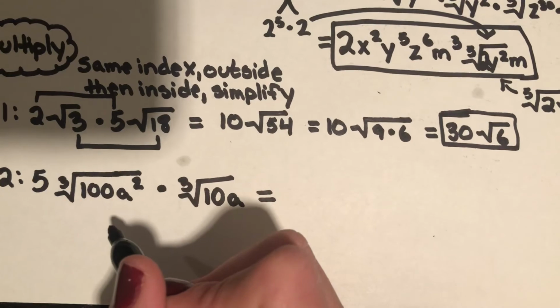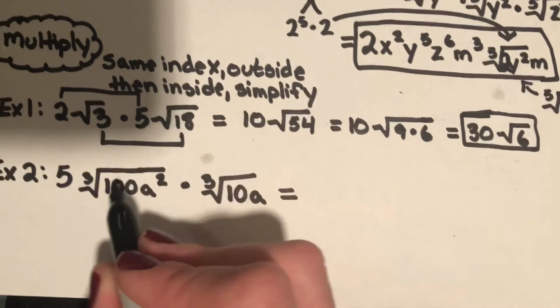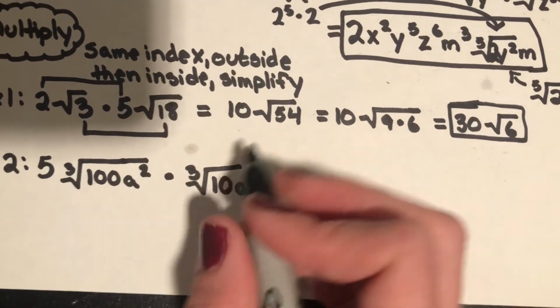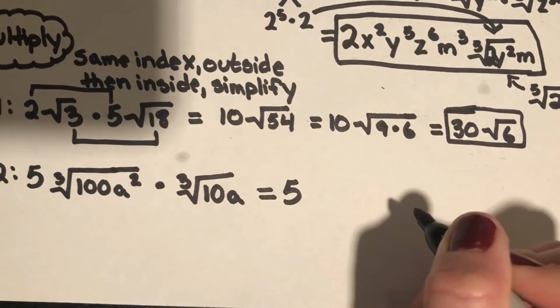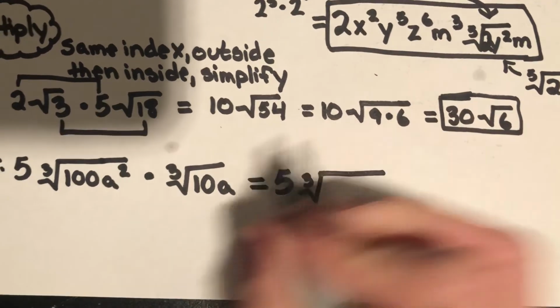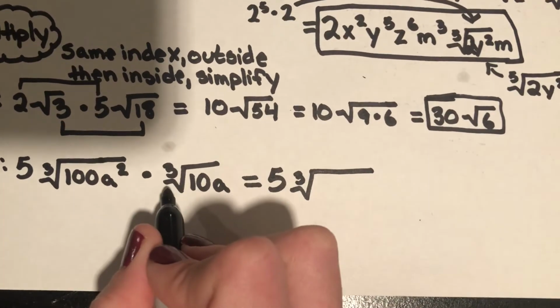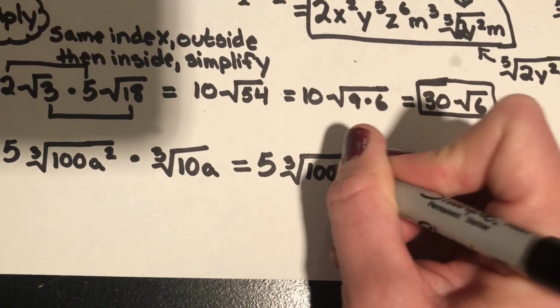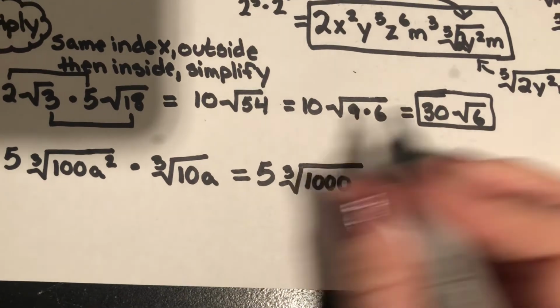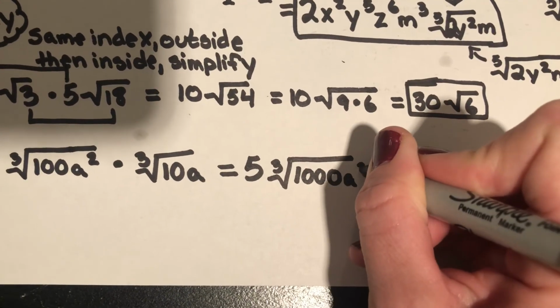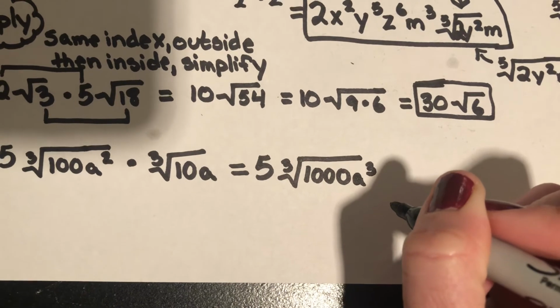So the nth root is the same. They have the same index. So we're going to multiply the outside. Well, 5 times 1 here is going to just be 5. And we have the cubed root of, I'll multiply what's inside. So 100 times 10 is going to be 1,000. And a squared times a, add the exponents, and we have a to the third.